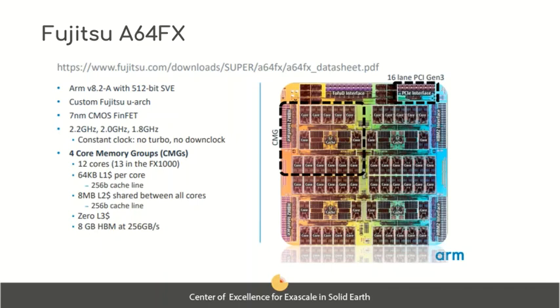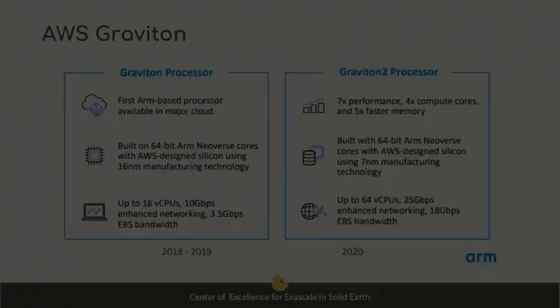As you can see, I think this architecture is the first one in the world that supports the SVE instruction set. And the processor comes with different frequencies, and it is composed of 4 core memory groups of 12 cores, and has some HBM on it.